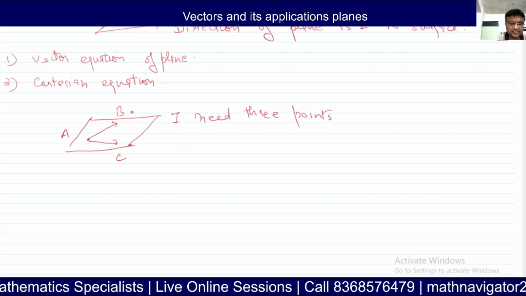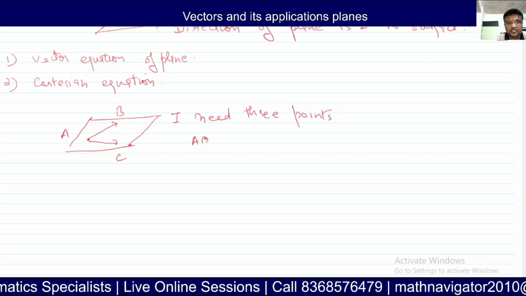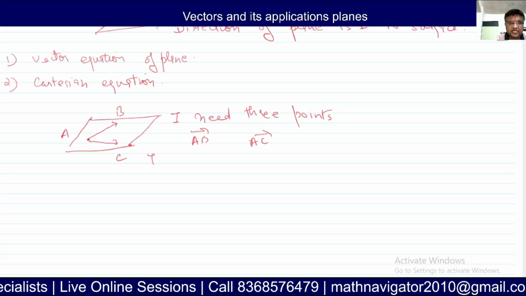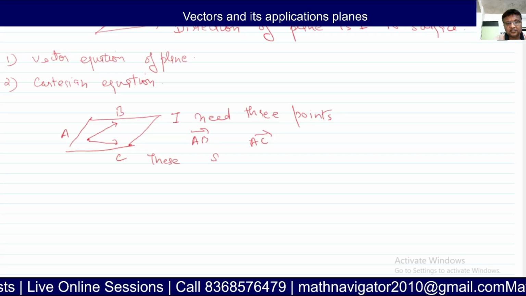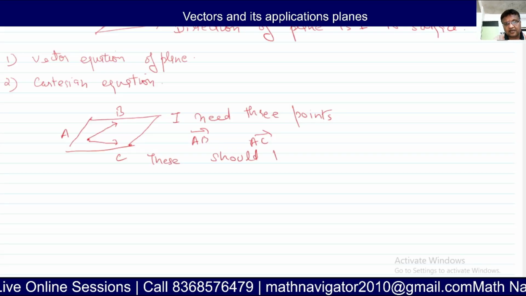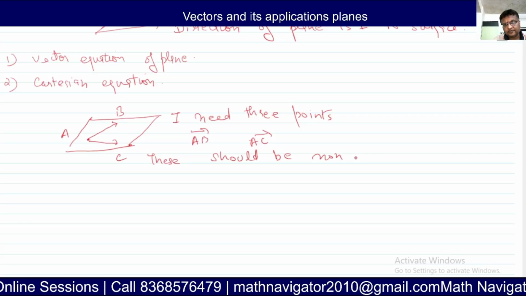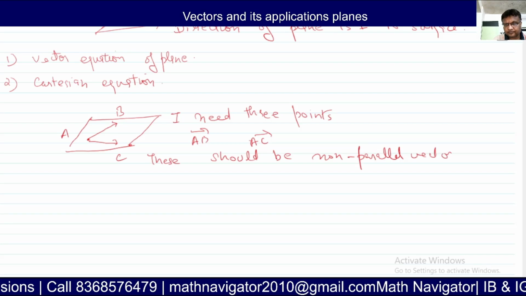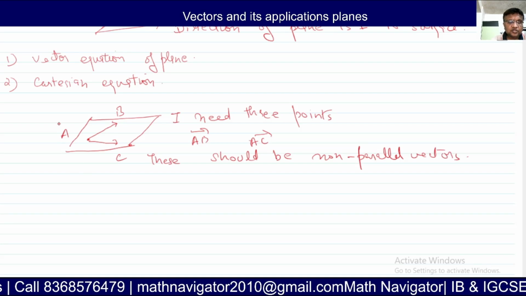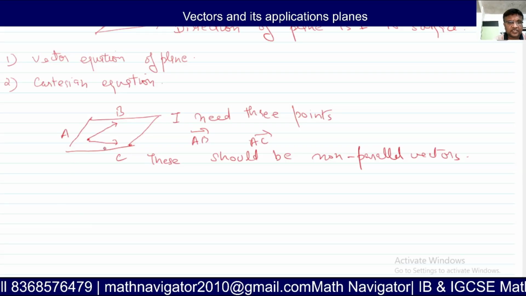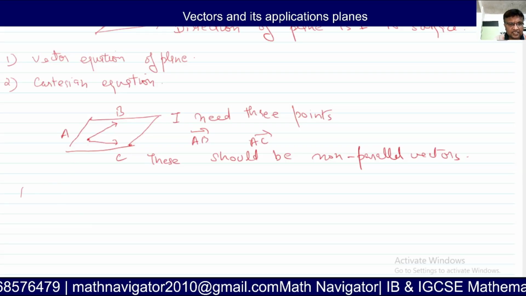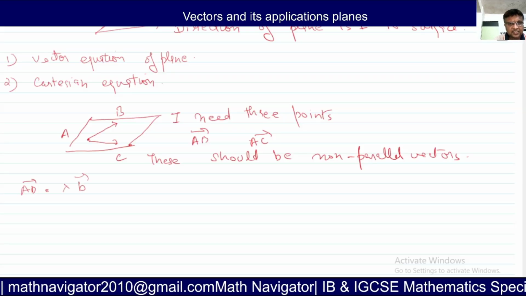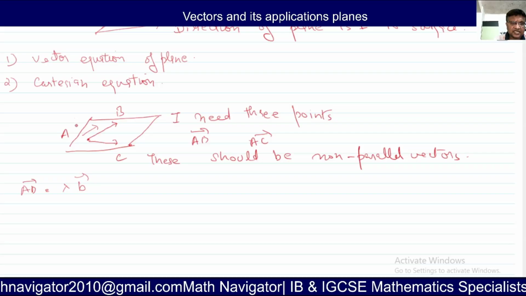making two vectors. Like in this case, I'm making two vectors, vector AB and vector AC. These should be non-parallel vectors. Got it? Right. So what is the vector equation of a plane? Let's call vector AB as lambda times vector B, because I said this is my vector B and lambda is the magnitude.